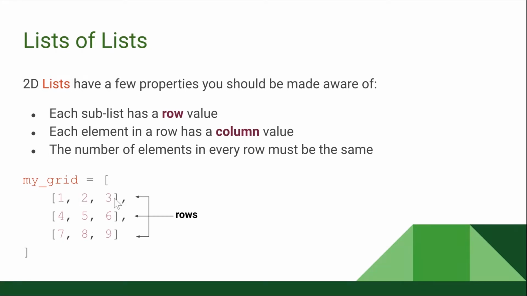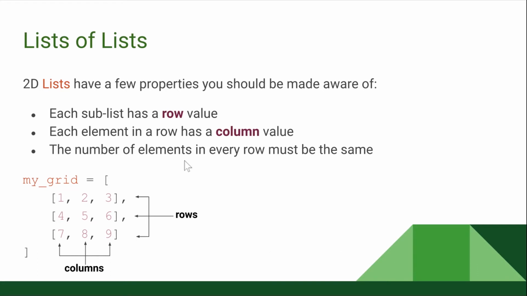Each element in those rows has an index, and that index is going to be its column index. So we have rows that are represented by those lists, and the columns, those aren't tied together by a list in any way, but all of the values in a column have that same column index.